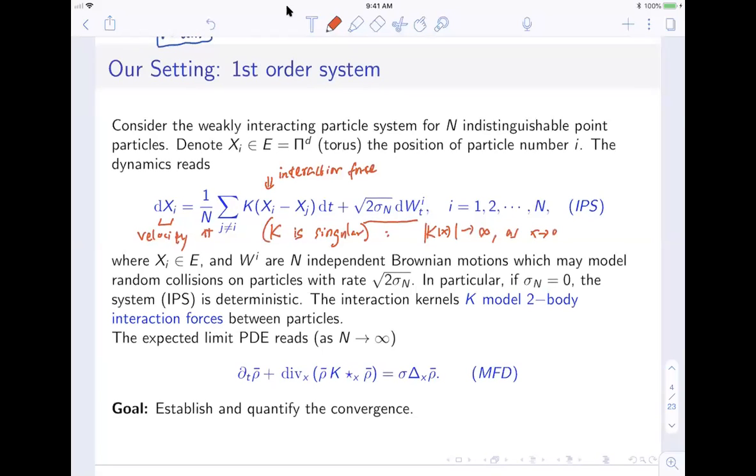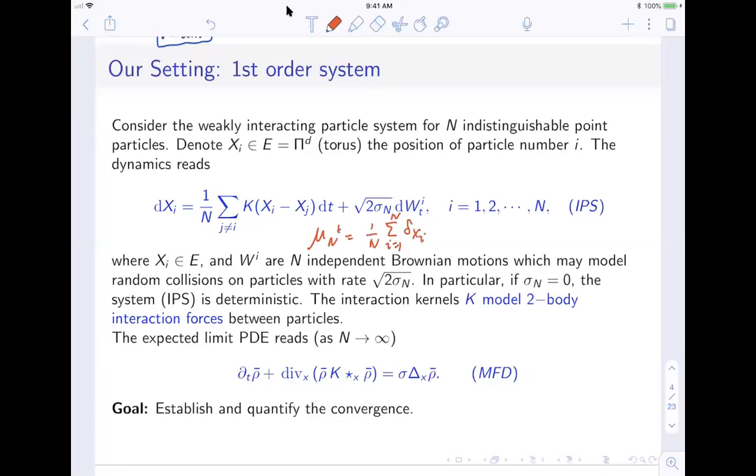Again, if we send n goes to infinity, we can recover those mean field dynamics. This is called mean field dynamics. Formally, you can think in this way: mu n is the empirical measure, where we just sum up all the Diracs.